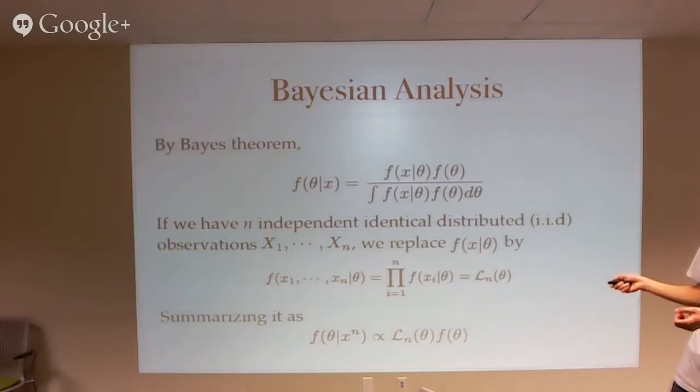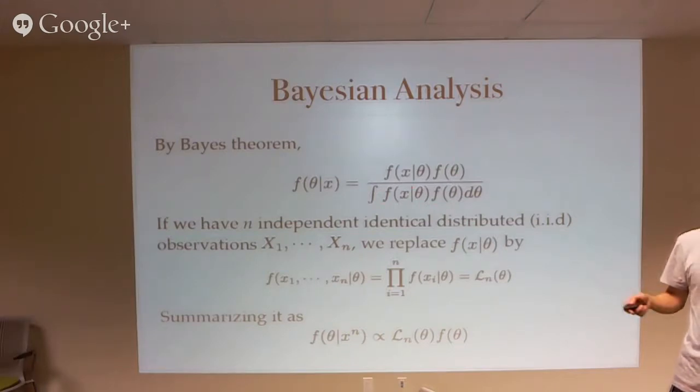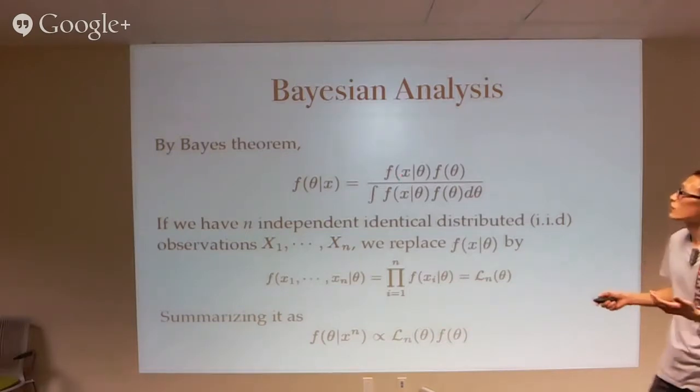So we use the multiplication of f(xi given theta), the L(theta). Because the denominator after the integral must be a number, it doesn't depend on theta, so we can just use a proportion to the numerator here, right?